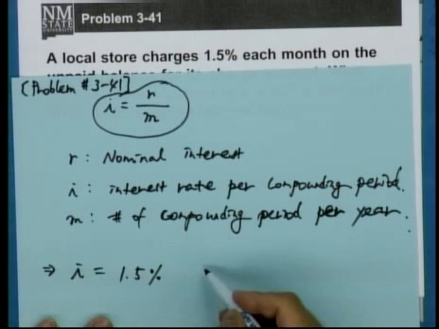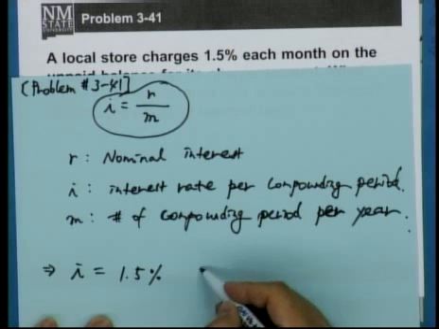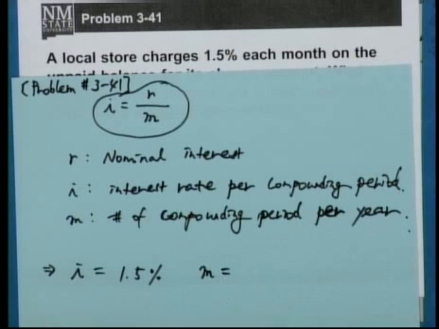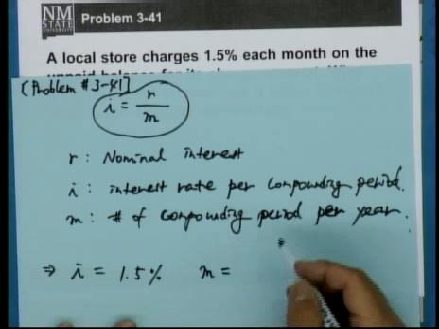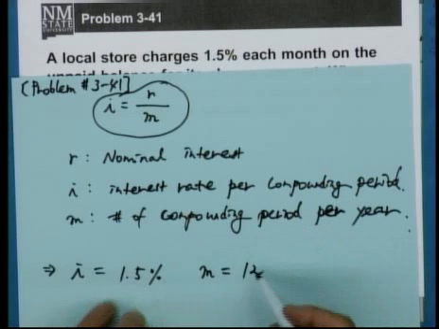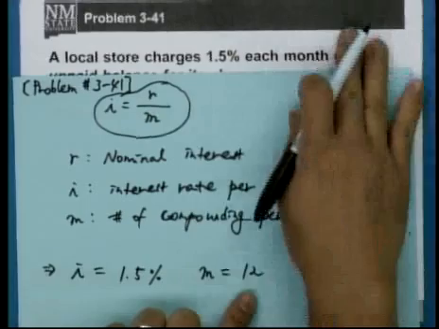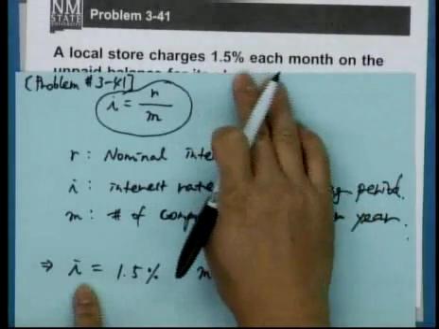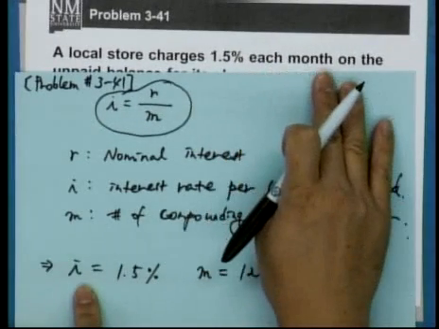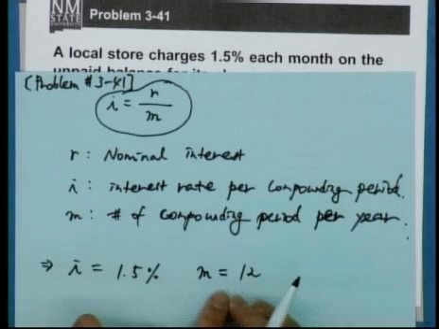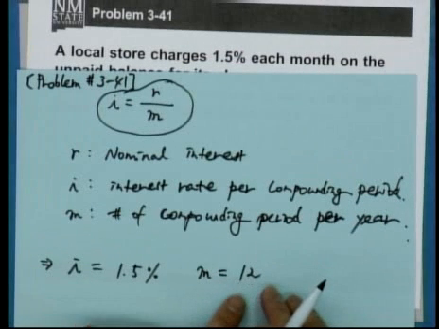In such case, what is the m? m is 12, because there are 12 months in a year, right? And the i is the 1.5% each month. Okay? So we should use m equals 12.